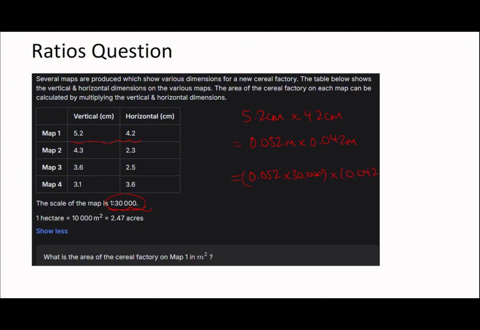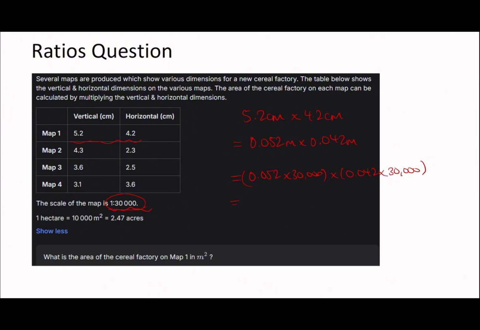So that's 0.052 times 30,000 times 0.042 times 30,000. Oh, I must have typed something wrong there.